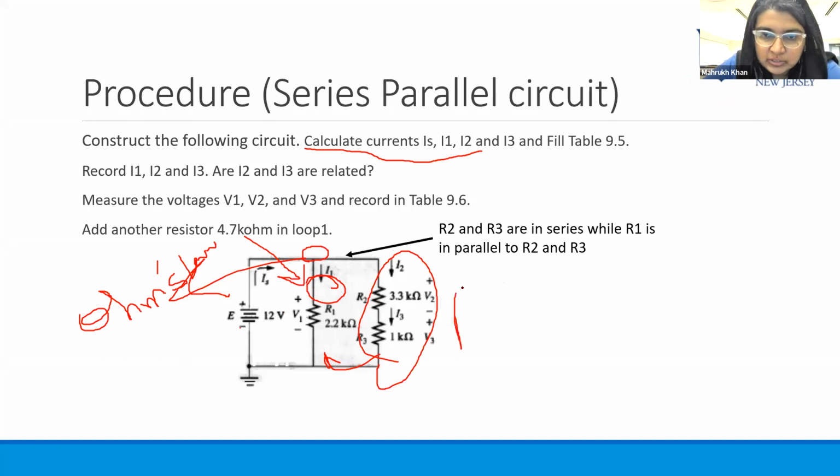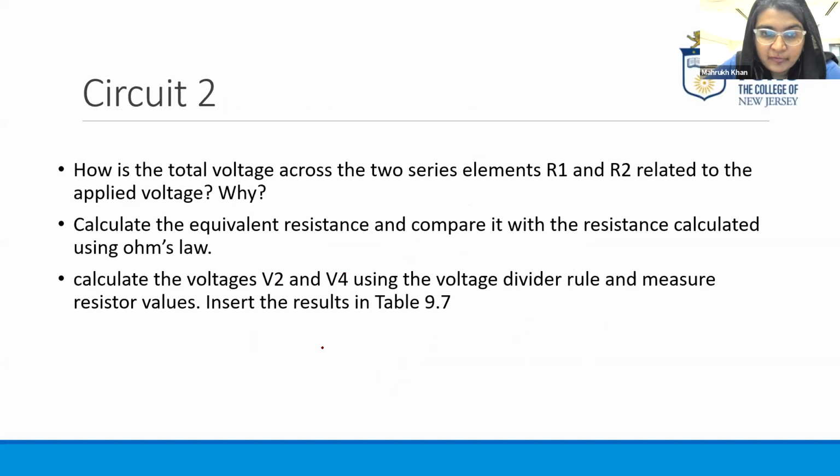The equivalent resistance using Ohm's law will be E over IS, right? The other way you can calculate this equivalent resistance is by calculating the series-parallel combination of resistances.